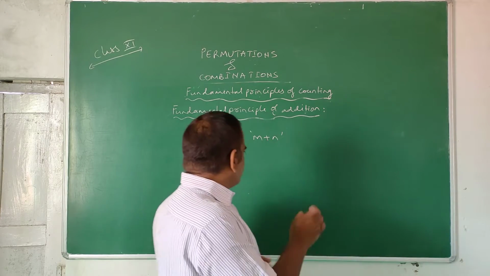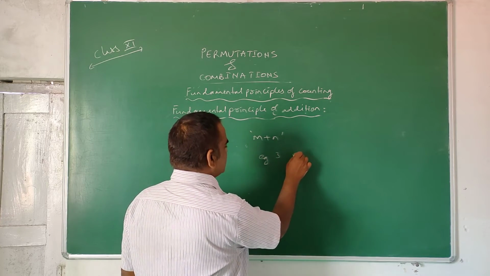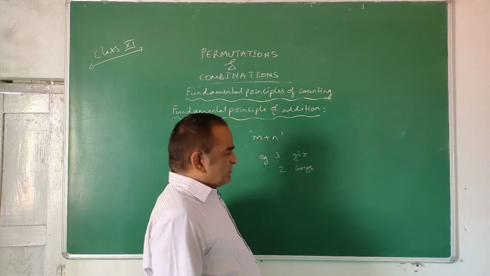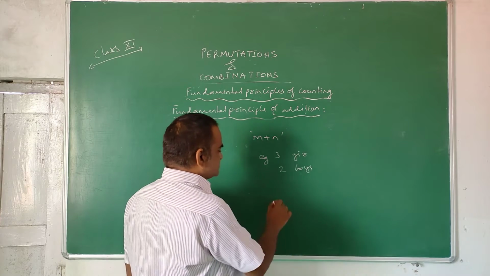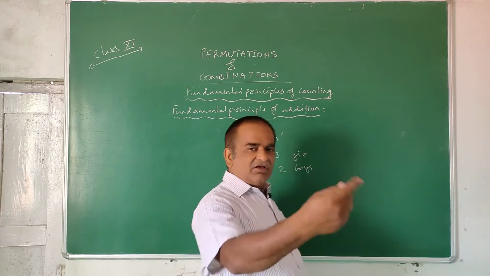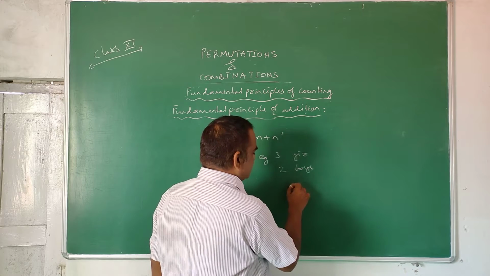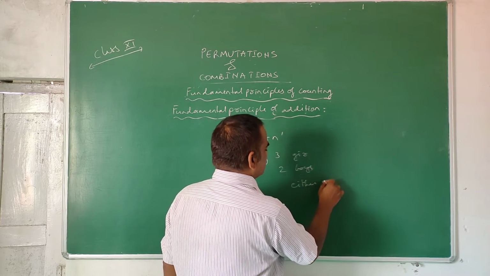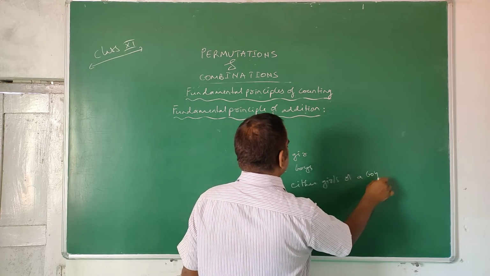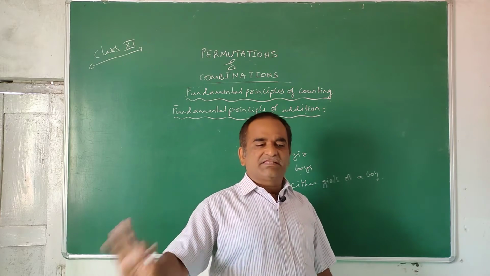For example, there are 3 girls and 2 boys in a classroom. A teacher should send either a boy or a girl to address a meeting. So if a girl addresses the meeting, that action is finished.